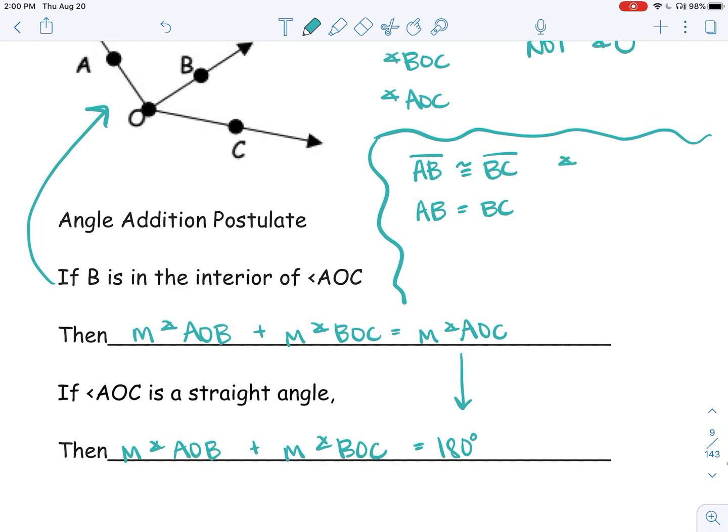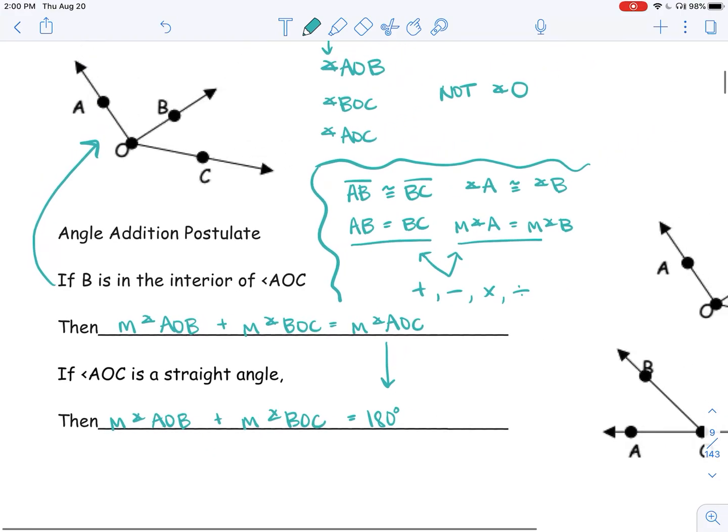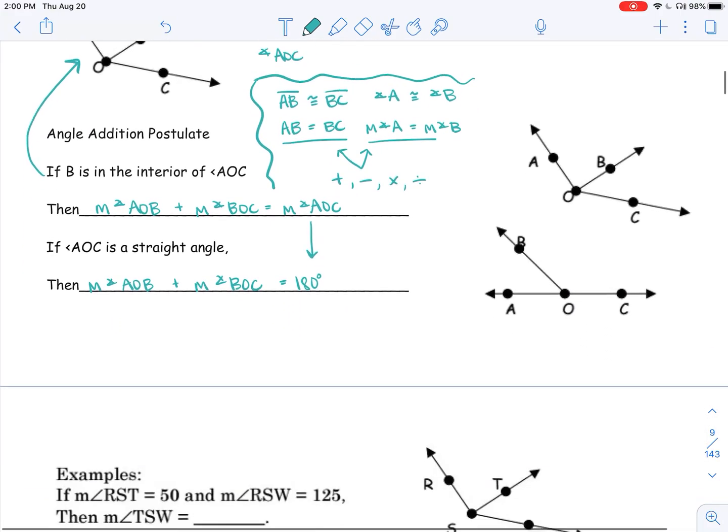So if we have angle A congruent to angle B, then we would say the measure of angle A is equal to the measure of angle B. The reason that we do that is because with these values, we can add, subtract, multiply, and divide just like normal numbers. We can put them into number sentences.